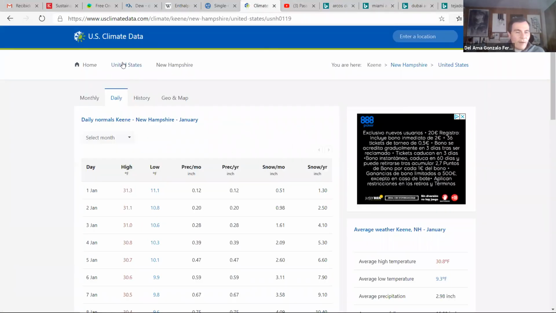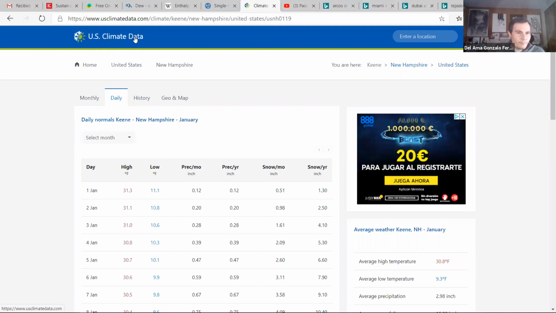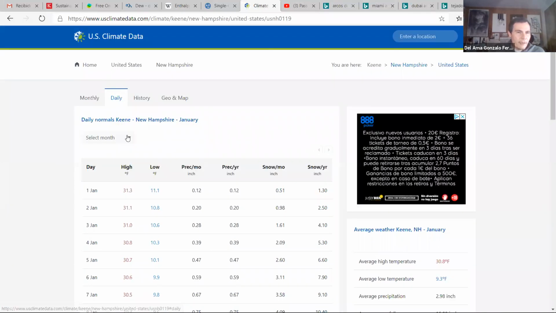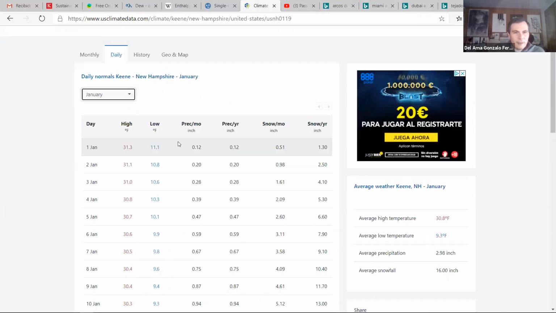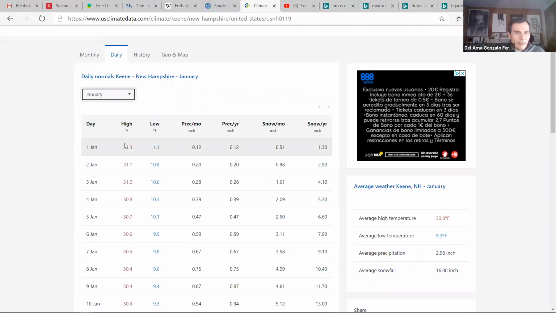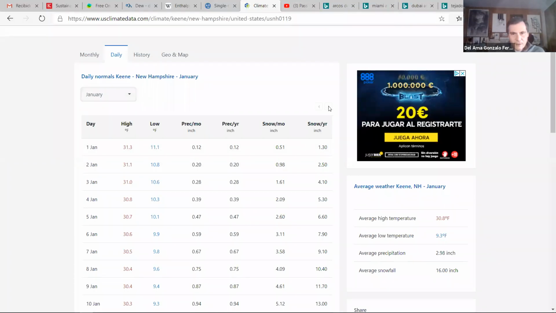Yeah, I have found this US climate data. You have monthly, daily, so you can select month, January. And here you have the highest temperature, the lowest temperature.